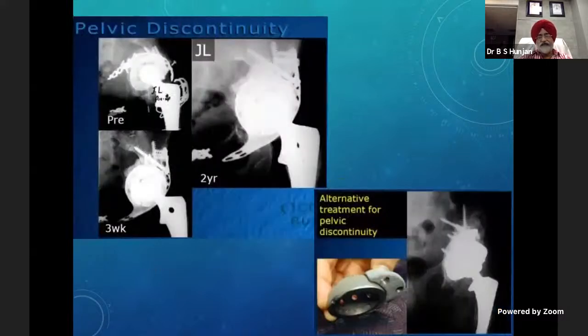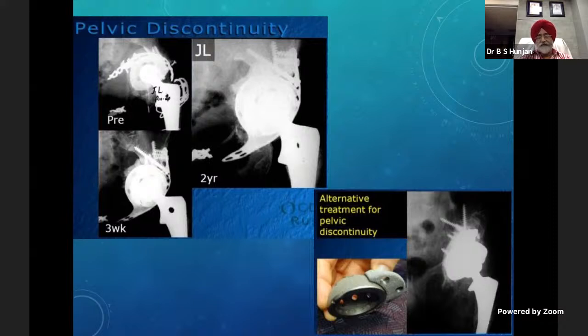Now this is how we address the pelvic discontinuity. Here the augment is used. We can use anything to fill it, like a cage. Anything which fits, we can use.